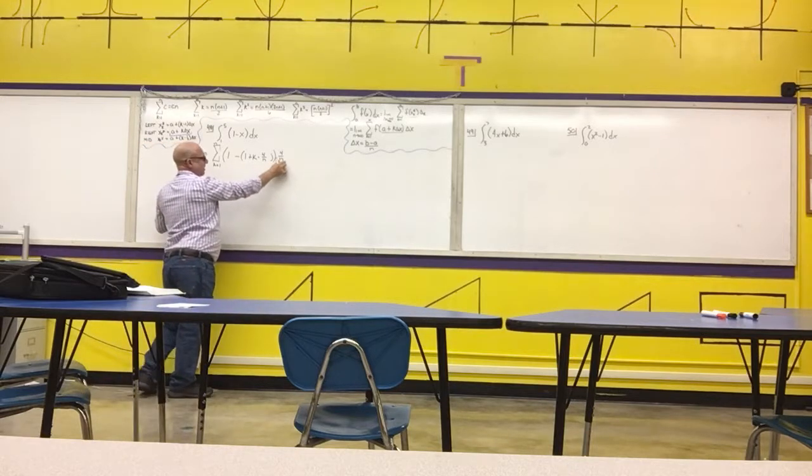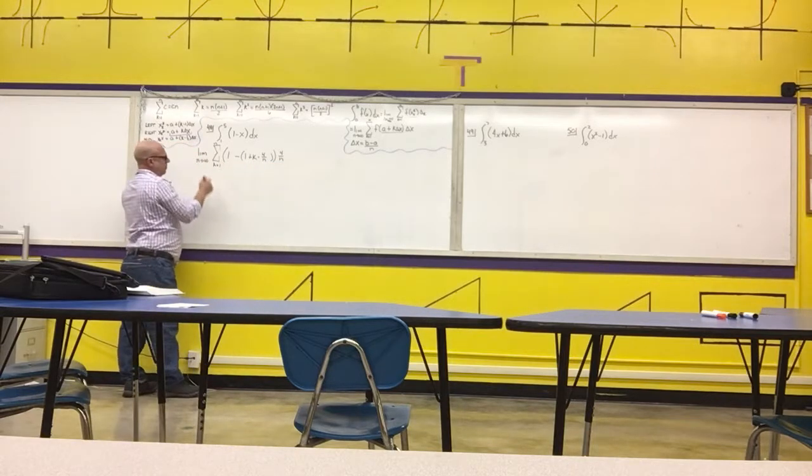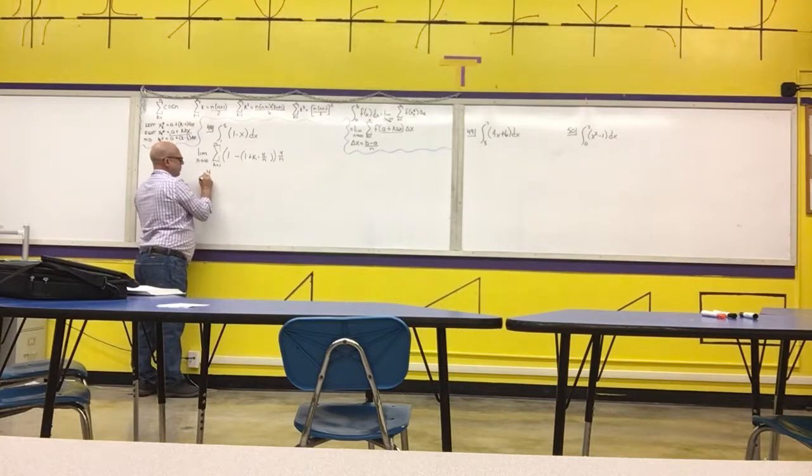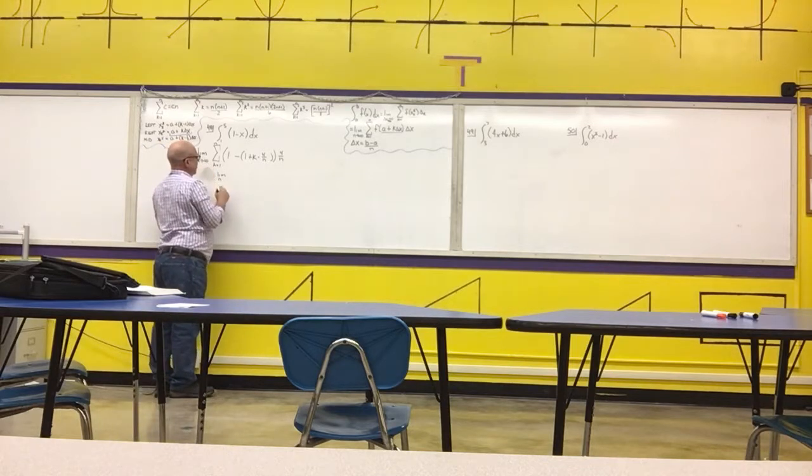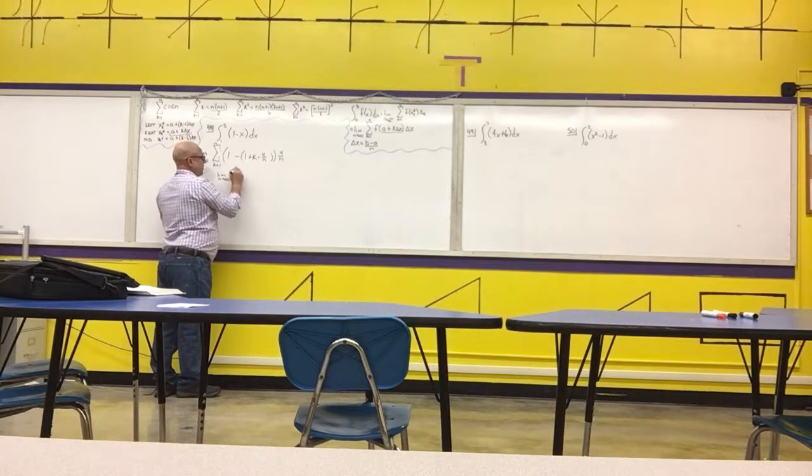So I'm going to pull this constant all the way through. 4 over n times the limit as n, actually, I'm just going to pull it through the summation because we have n going to infinity, of 4 over n.